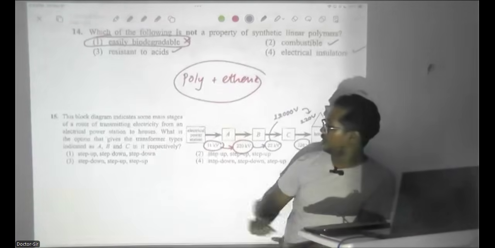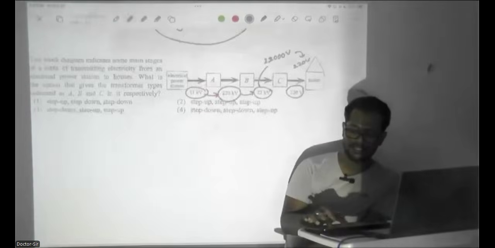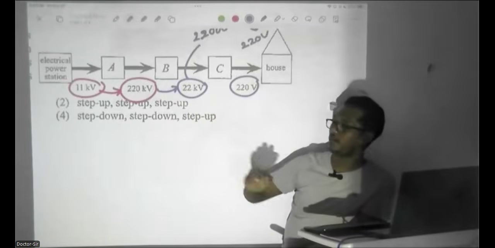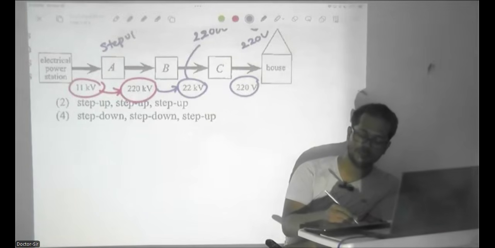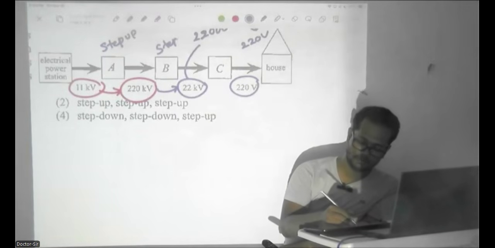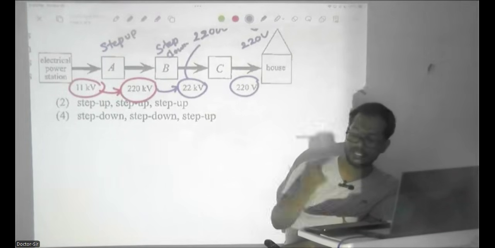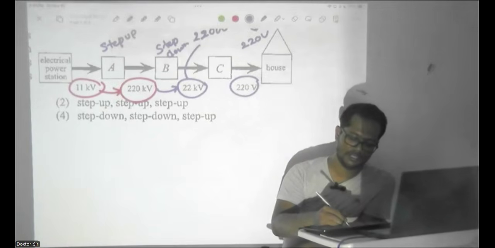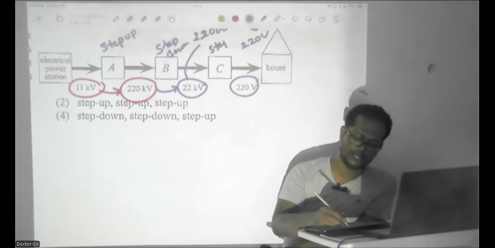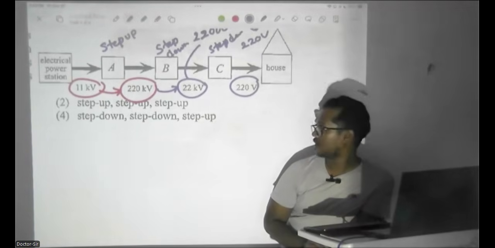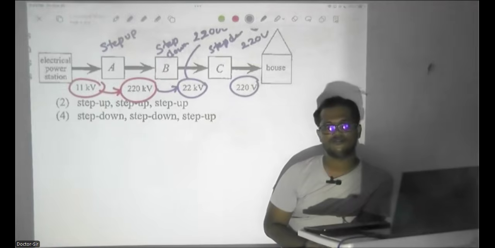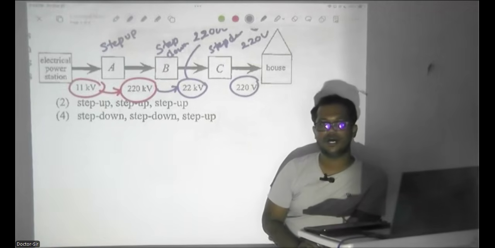So A transformer is definitely a step up, then this is step down, decreasing the voltage, then here again step down. This is the process by which they transmit electricity from the powerhouse to our houses.